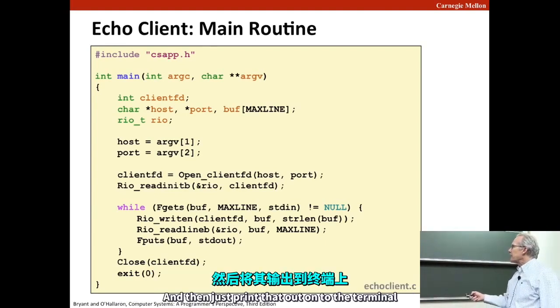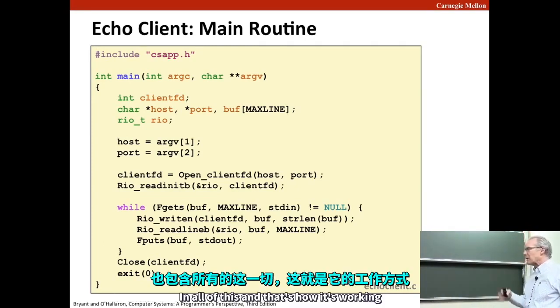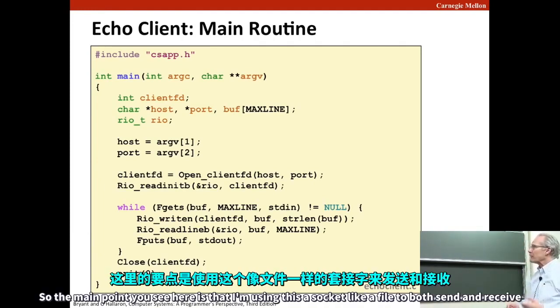And then just print that out onto the terminal. And this is, by the way, the new lines being included in this. And that's how it's working. So that's all that happens. So the main point you see here is that I'm using this socket like a file to both send and receive.